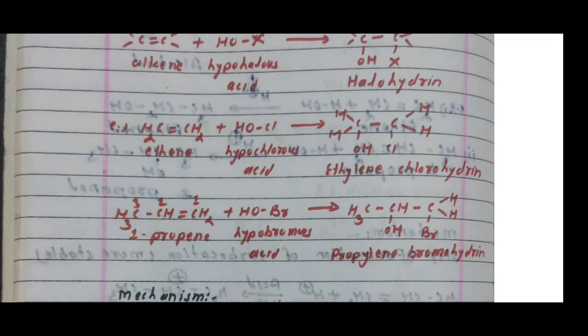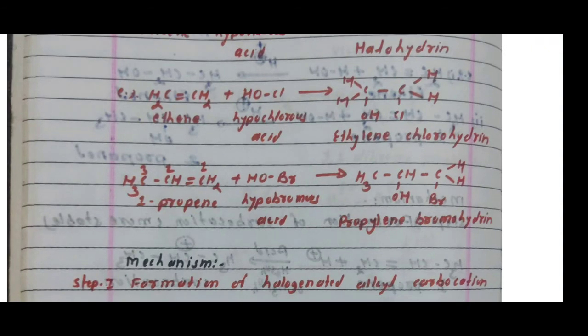Then second example, hypobromous acid reacts with 1-propene. Here 1-propene CH3 CH double bond CH2 plus HOBr. Formation of, here OH attached to carbon atom number 2 and Br attached to carbon atom number 1. Formation of CH3 CHOH CH2Br.